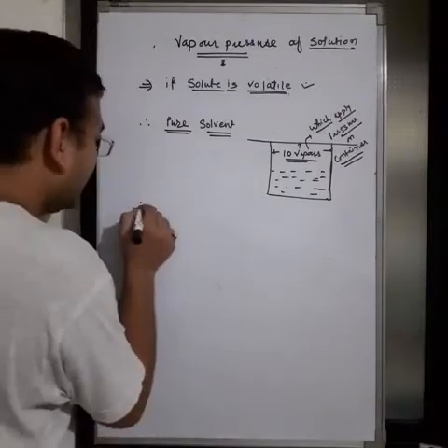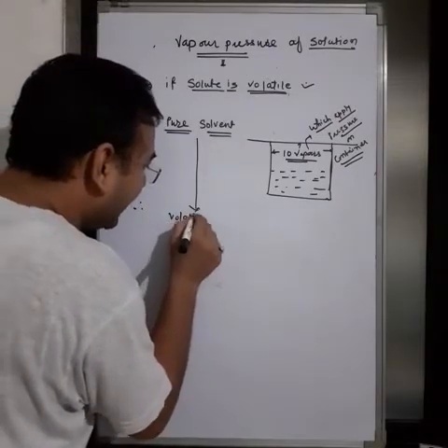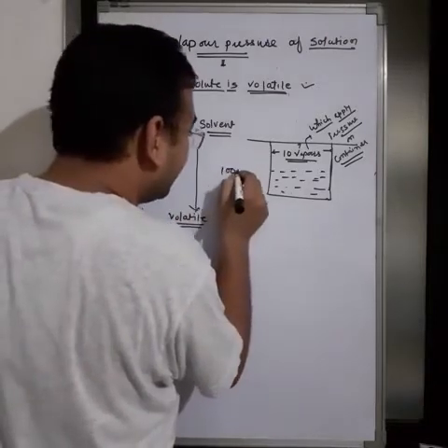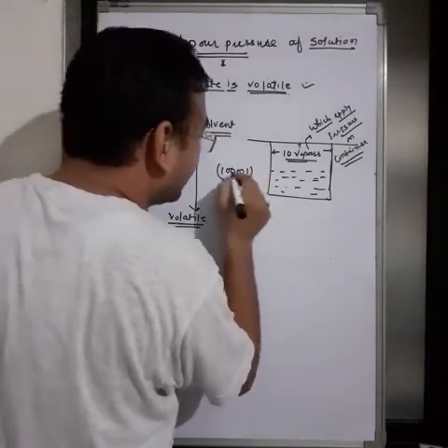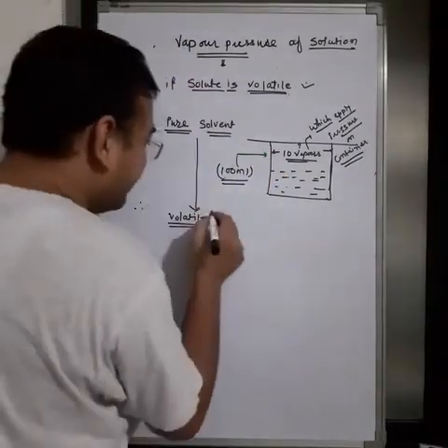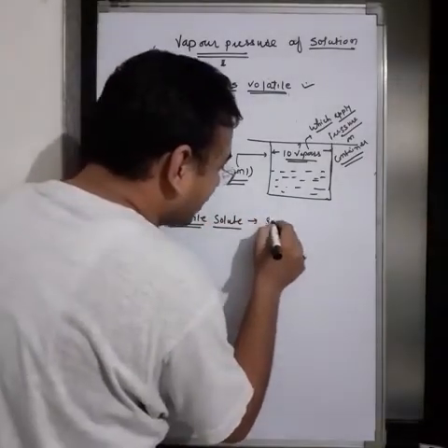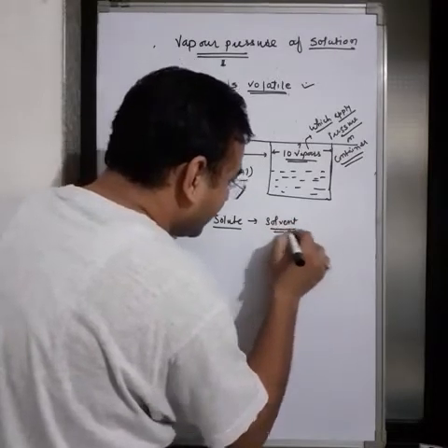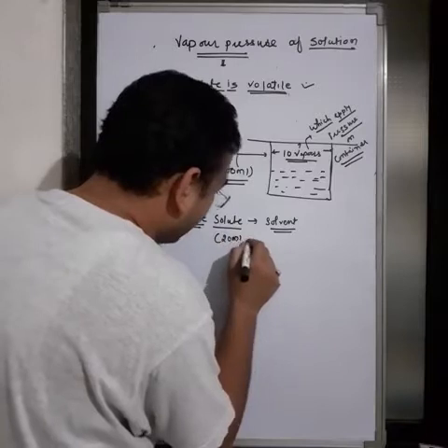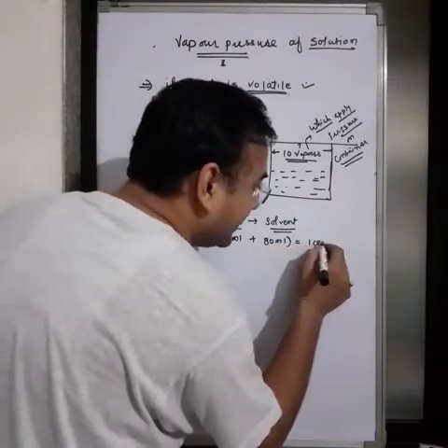Now, in this solvent, we add a volatile solute. Suppose we take 100 ml of pure solvent; so 100 ml gives 10 vapors. If we add volatile solute in this solvent, we take 20 ml and then this is 80 ml, so the total becomes 100 ml.